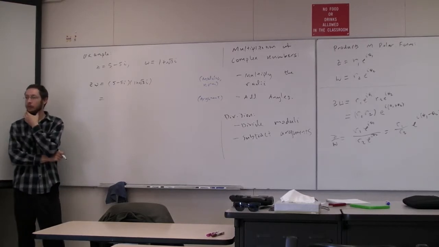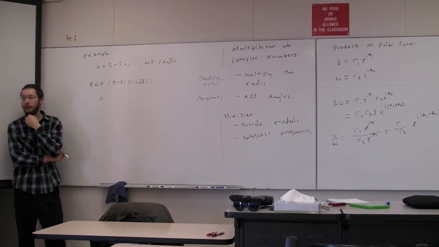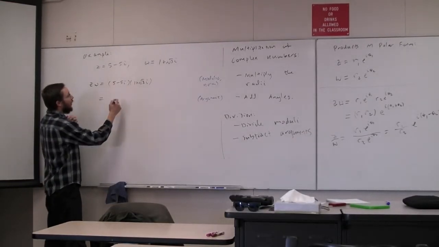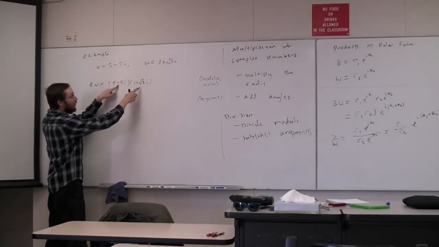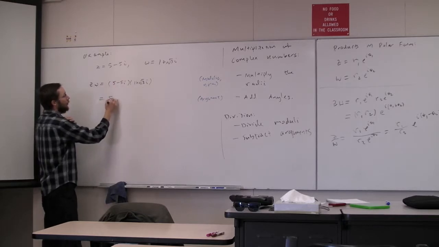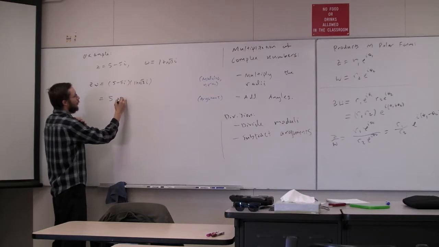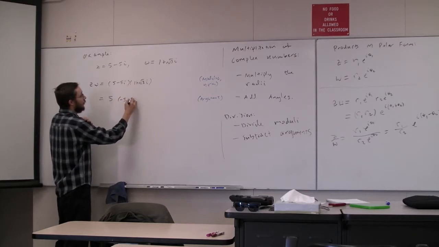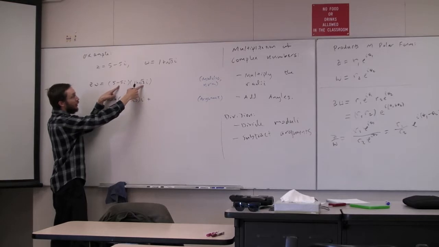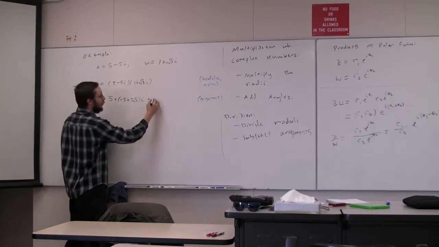like I said, basically amounts to multiplication of polynomials. So multiplying this out, we get 5 minus 5i plus 5 square root of 3 i. And then multiplying these together gives us minus 5 square root of 3 i squared.